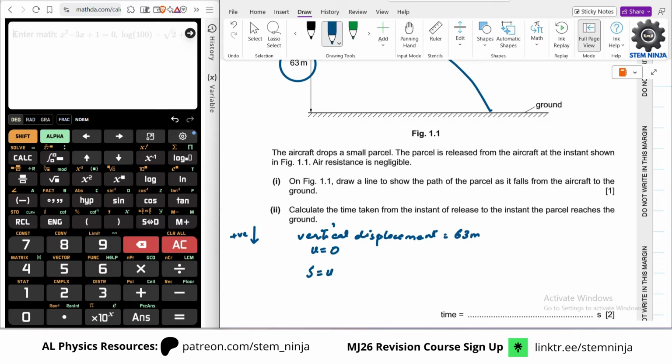So S is equal to ut plus half at squared. So 63 equals vertical velocity is 0 plus half times 9.81 times t squared.